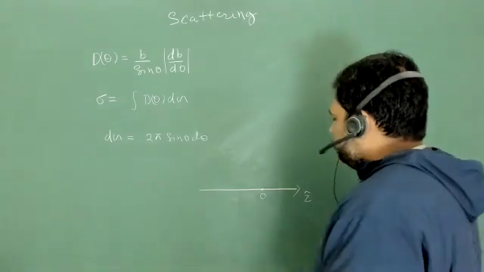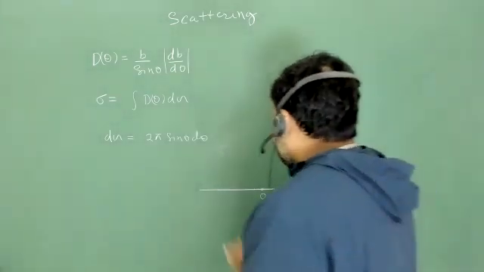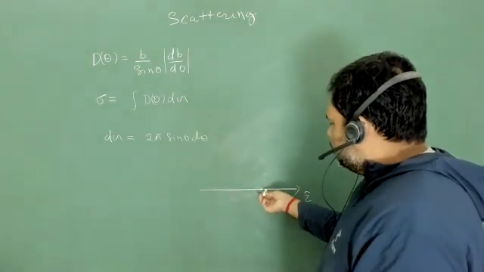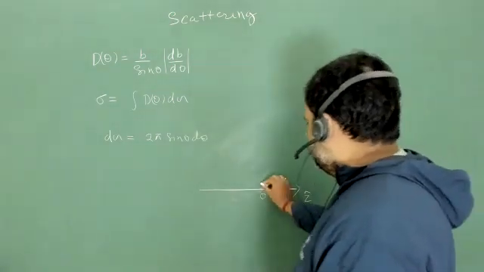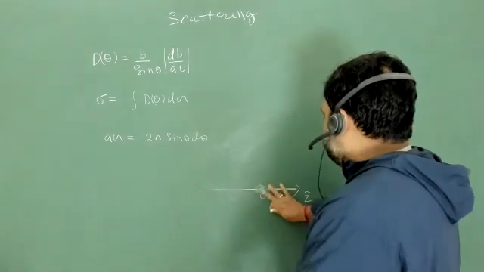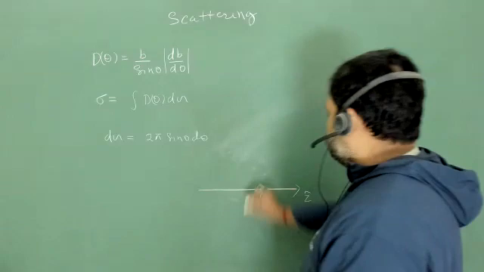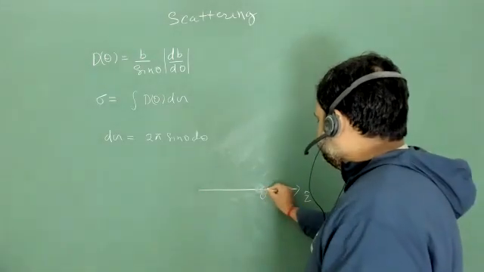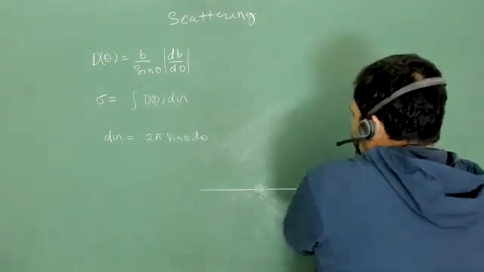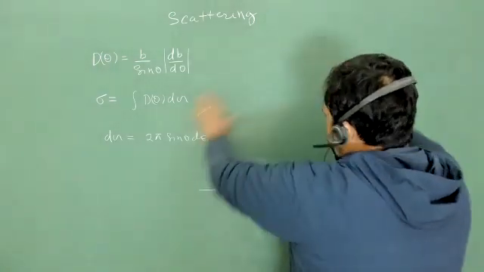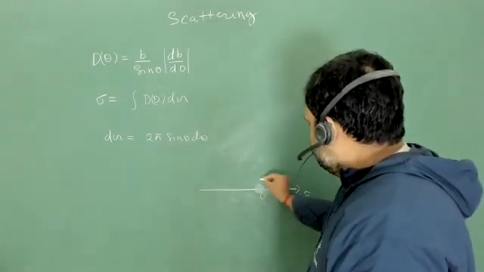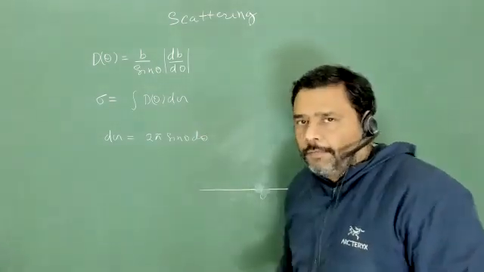This is our origin, and this potential is basically short range. So this is a short range potential. In all this region you have zero potential, and only in some small region you have some value of potential.